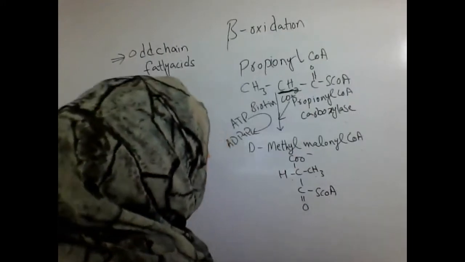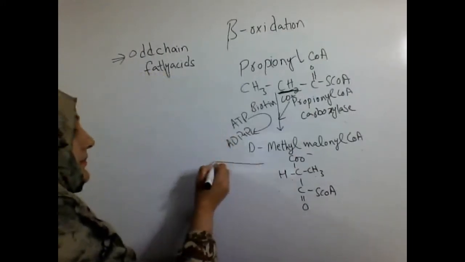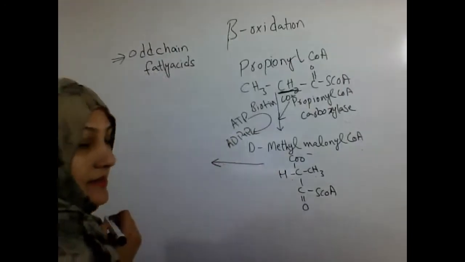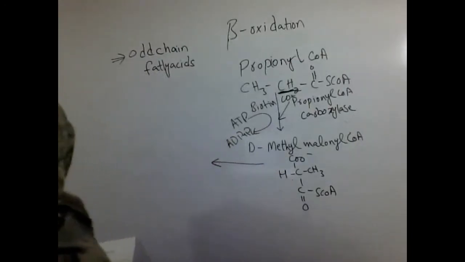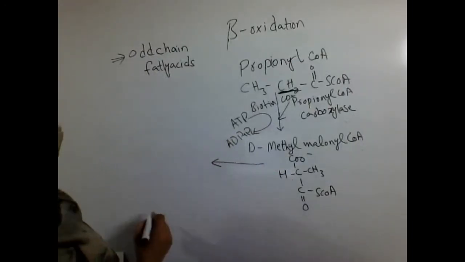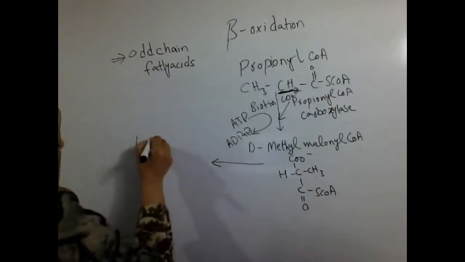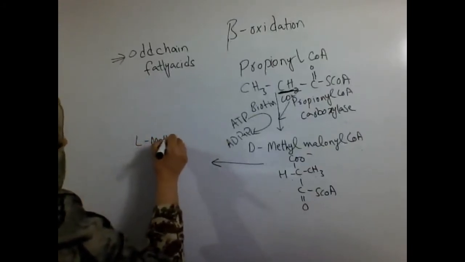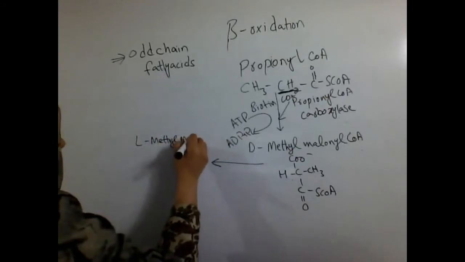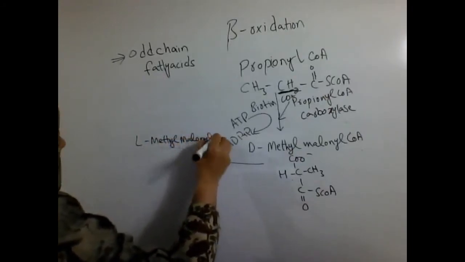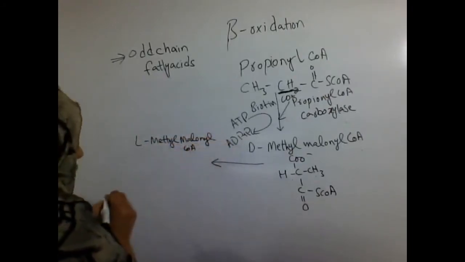Then this D-methylmalonyl CoA in the next step is converted into L-methylmalonyl CoA.